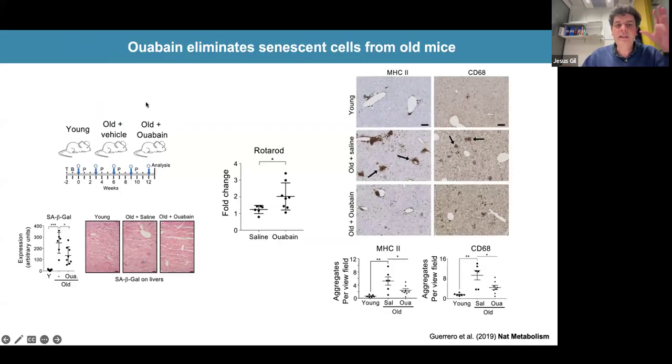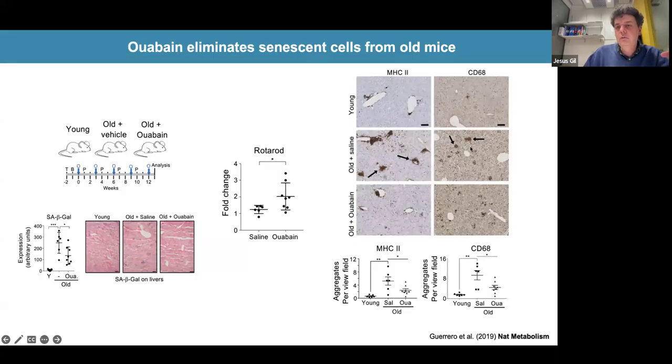For example, this is data on old mice, so that old mice accumulate senescent cells in the liver that we can monitor with this beta-galactosidase activity or by other means. If we treat old mice intermittently with ouabain, we reduce the numbers of senescent cells. The mice will also perform better on physical tests such as rotarod.